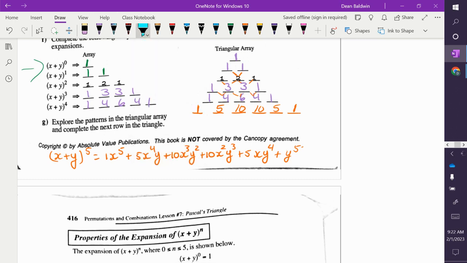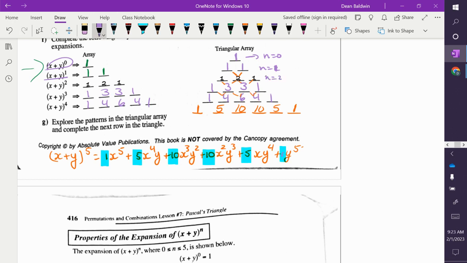And if you look at the coefficients, 1, 5, 10, 10, 5, and that would be a 1, I guess. The coefficients of the expanded binomial match Pascal's triangle. Okay? So when n, so this here is n equals 0, x plus y to the power of 0, you get 1. If n is equal to 1, it's just 1 and 1.